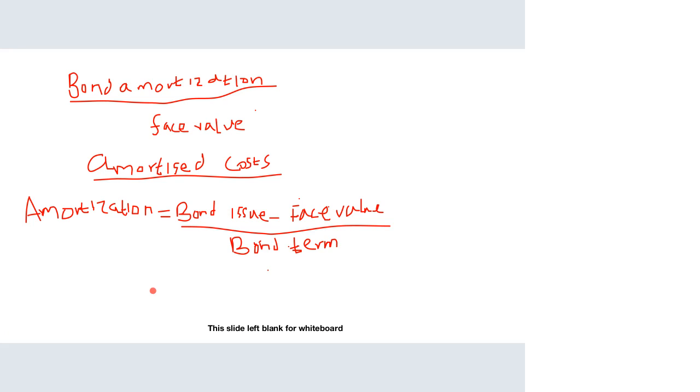So we are told that Company XYZ, I hope you can see it there, intended to issue a bond with a face value of 100,000 shillings, having a maturity of 5 years. So in our case here, the bond term is 5 years, and an annual coupon of 8%.